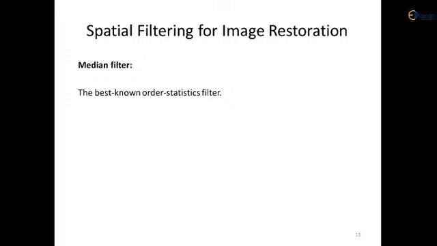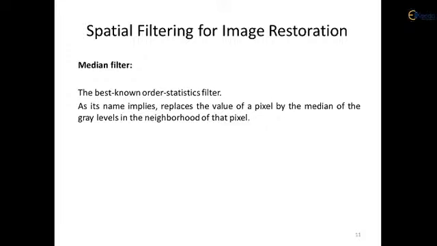As we were discussing, the name implies that the intensity value of that particular pixel we have to replace, by first measuring the median of the gray levels or the intensity levels of the neighboring pixels, the pixels in the neighborhood of the pixel under consideration.